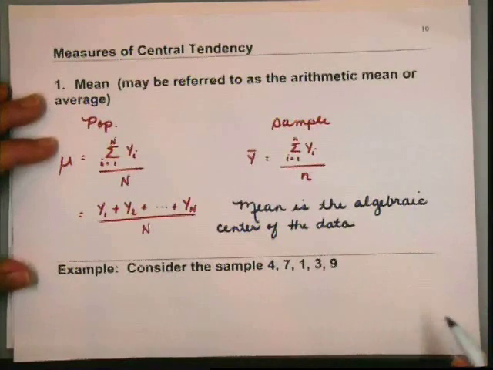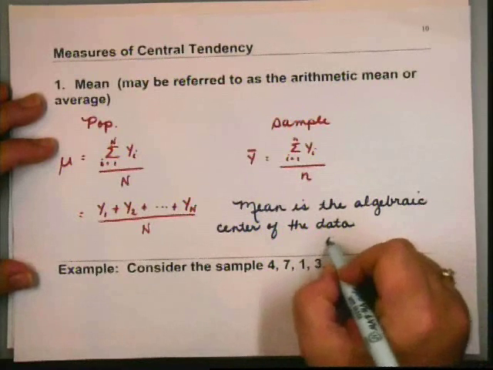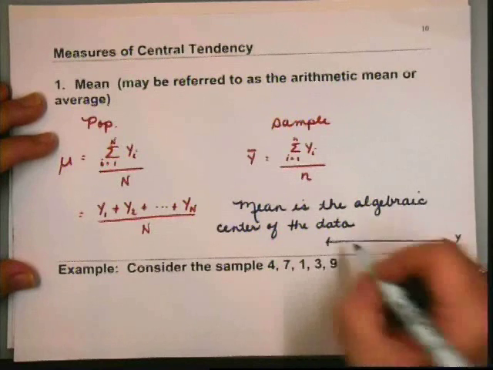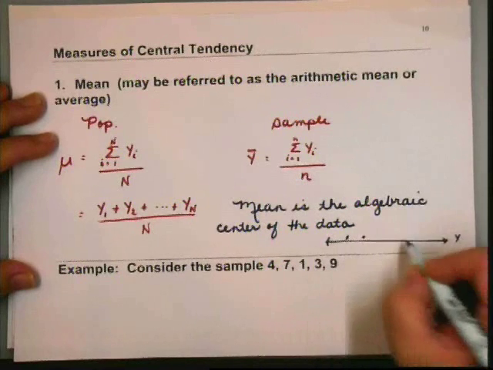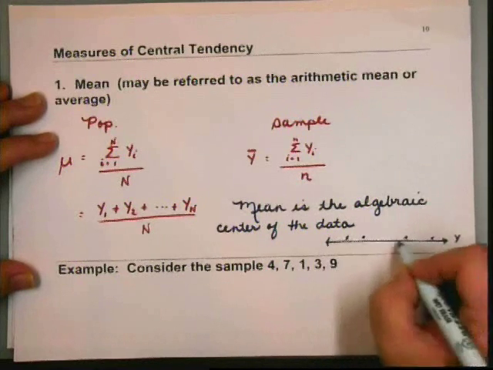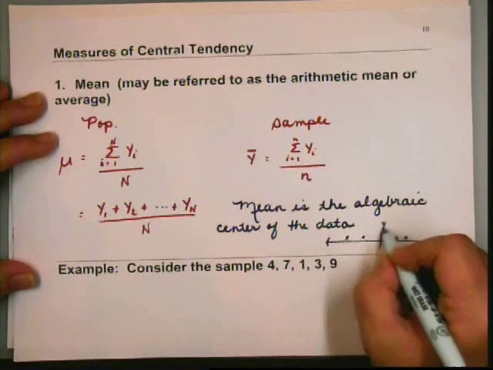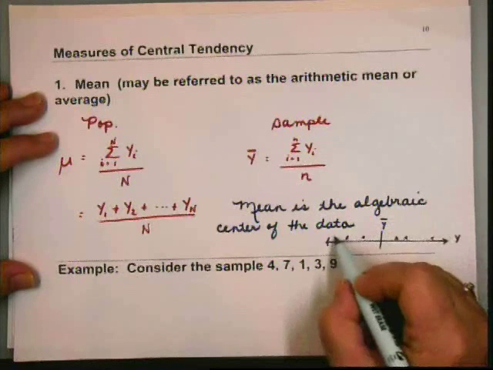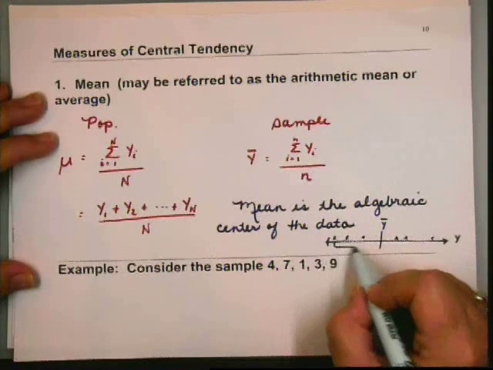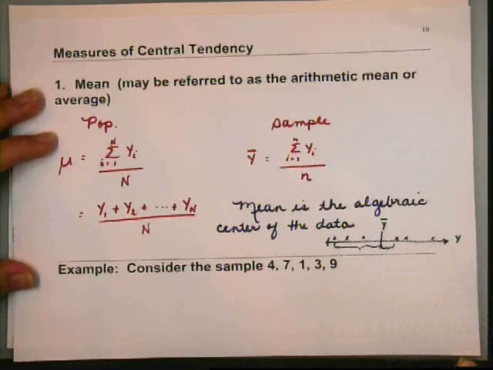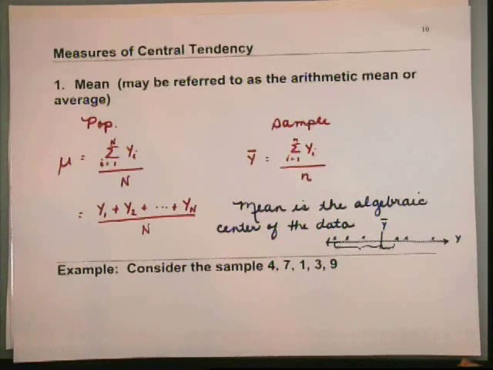If you have a number line of all your different values for y, with x's marking where our data occurs, you measure your value for y bar, and everything is balanced about this point in terms of how far away each point is from the mean. There's some balance that occurs there. We'll define that a little more specifically in a bit.